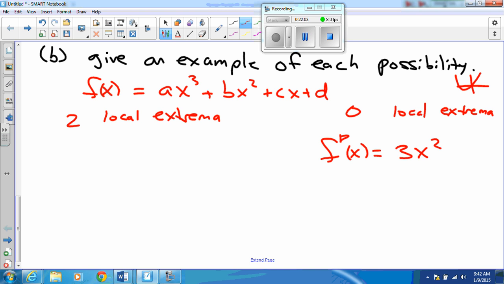What are the factors of 3x squared? Three x and x, that's exactly right. 3x and x.